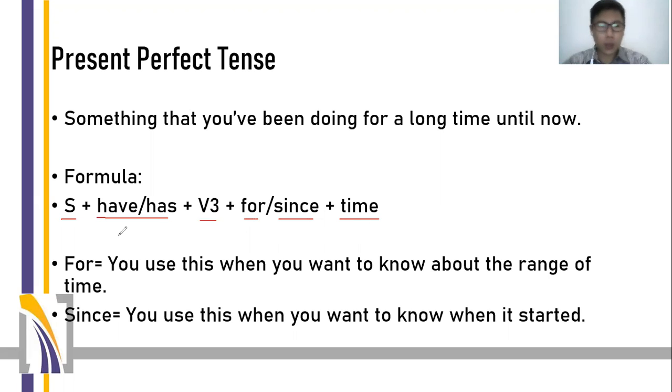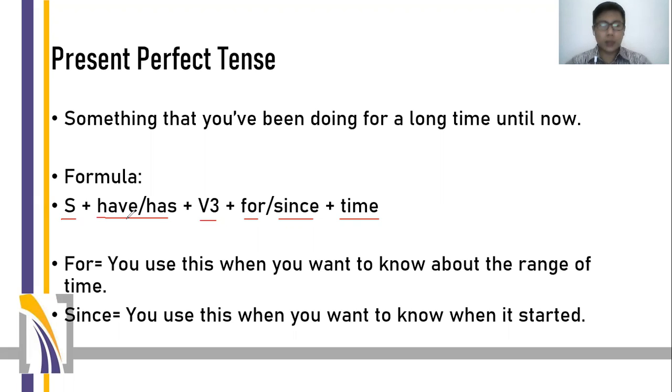Why do we need to use have or has? Because in perfect tense, it is something that you have been doing, or you could say it's been a long time. You've done it a long time. So you need to use have or has because it implies how long it happened.